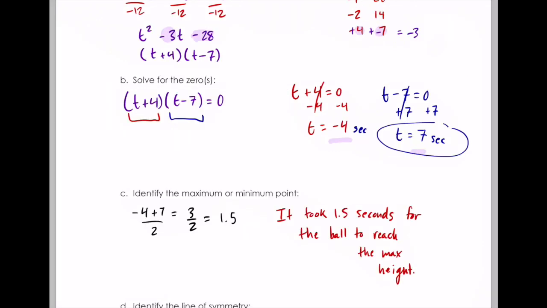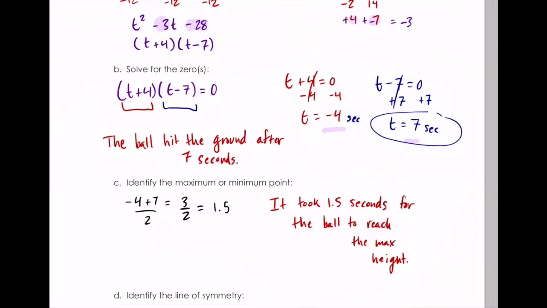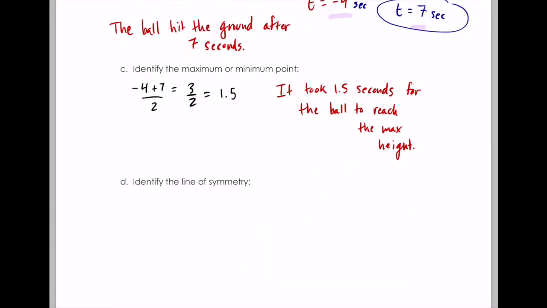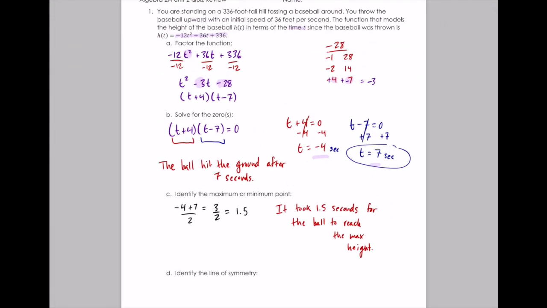And if we want to talk about our answer from part B with the 7 seconds, we could say that the ball hit the ground after 7 seconds. Alright, so we were already able to find all this information just from factoring that function from earlier.